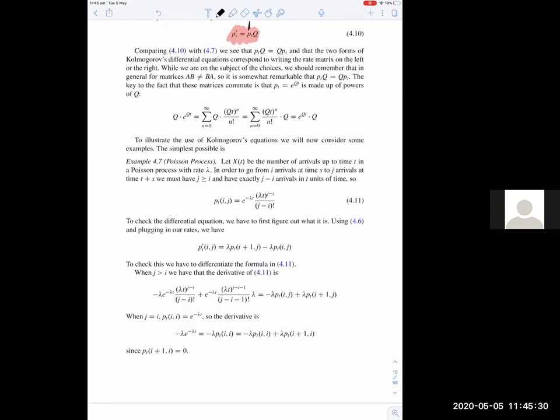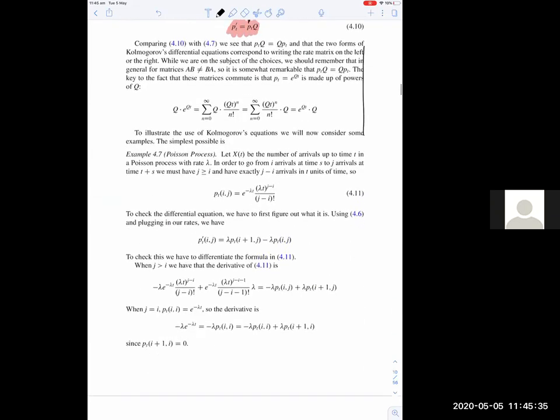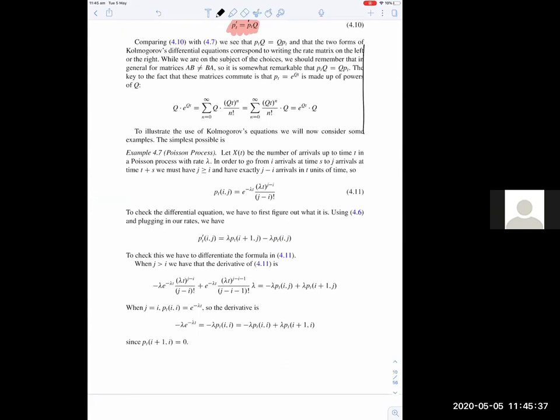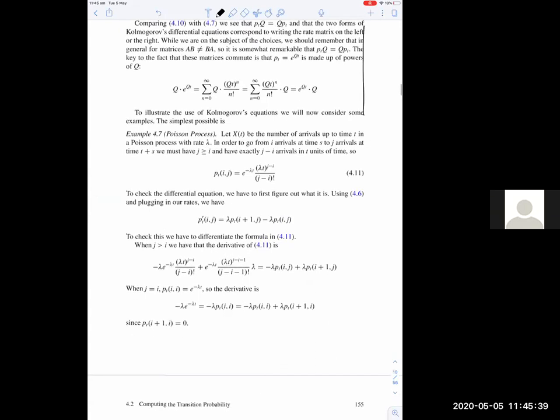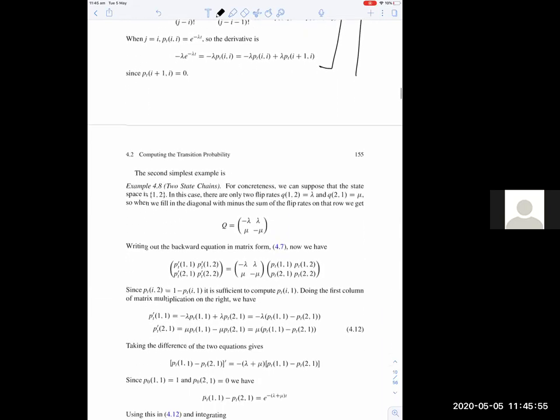This is where you read about the forward and backward equations, and we'll probably speak about that Friday as well. The Poisson process can then be treated as a special case, and you can write the forward and backward equations for the Poisson process. This is some of the basic things you need to do for this course: taking a continuous time Markov chain and writing the equations for it.